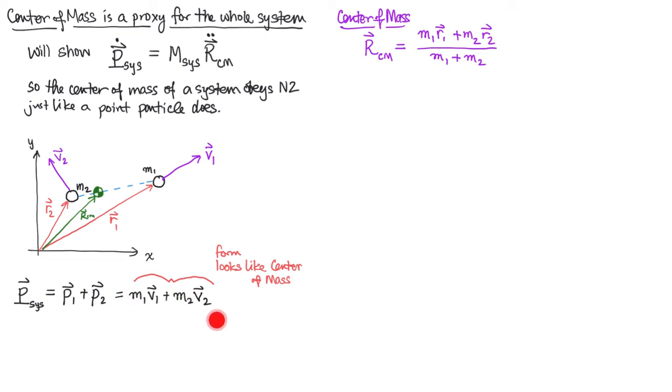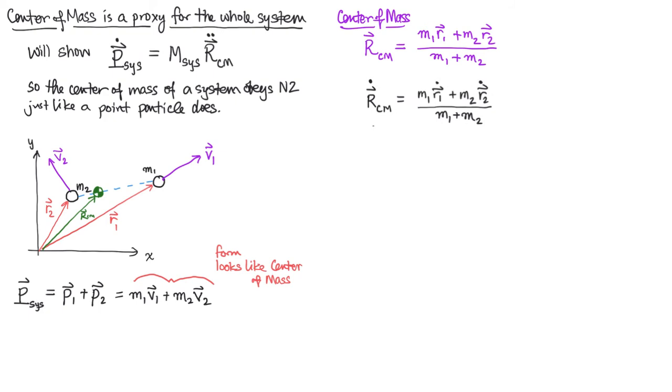So when I say this M1V1 plus M2V2 looks similar in structure to the center of mass numerator, that's just what I mean. We have a product of masses and vectors. In this case, it's a position vector, but we know how to convert a position vector into a velocity vector. We're going to take a time derivative. So let's do that.